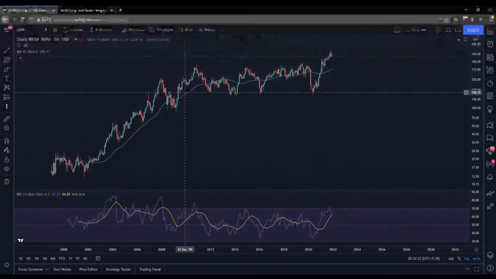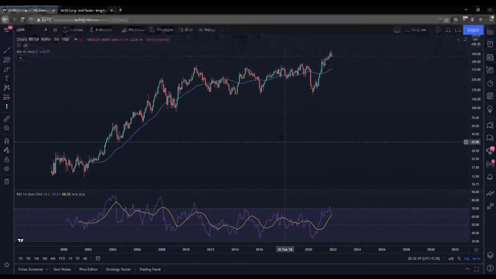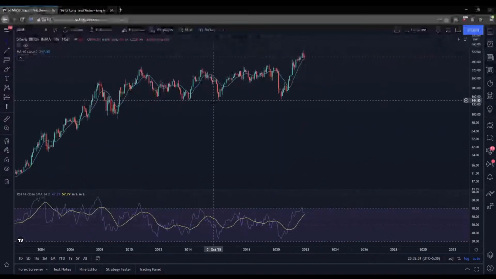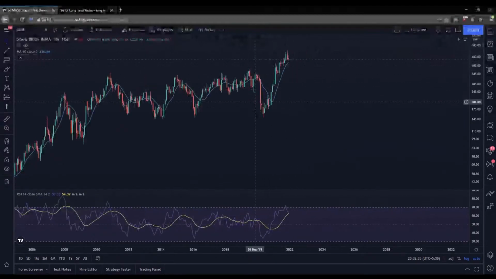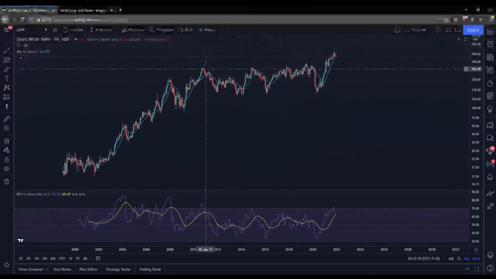Unless you have captured these over here, which is after the pandemic, it's tough to make much money on the primary trend of SBI.